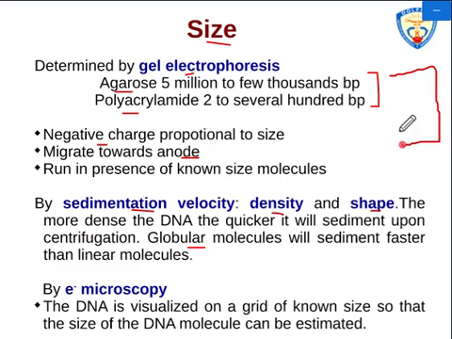We prepare an agarose gel and we load our sample whose size we have to determine, but in the presence of a molecular weight marker. Markers are known-size molecules that we run, and these molecules are separated according to their sizes. Smaller molecules run far away from the well, and larger molecules remain closer to the well.